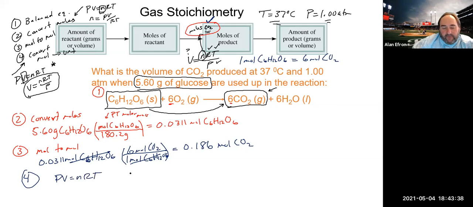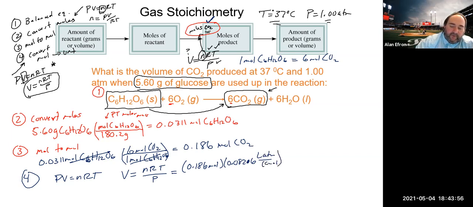We're going to solve for volume, and now we're going to use our gas information, including the moles that we just calculated. We're going to use our R. We're going to use our temperature, which I neglected to convert to Kelvin. So that looks like a 310. So here we go, 310 Kelvin.